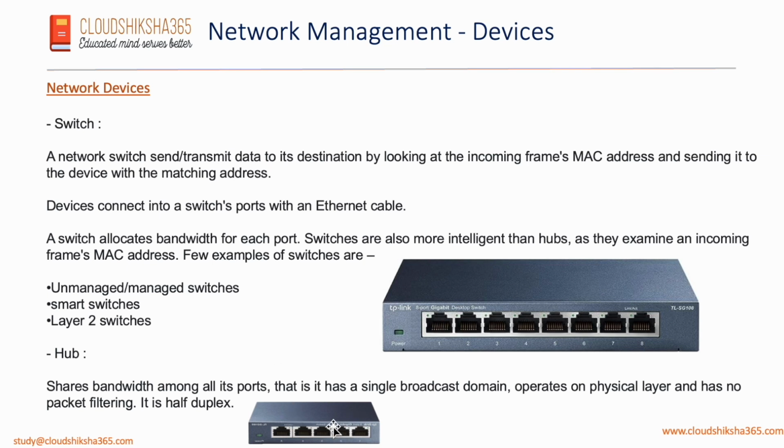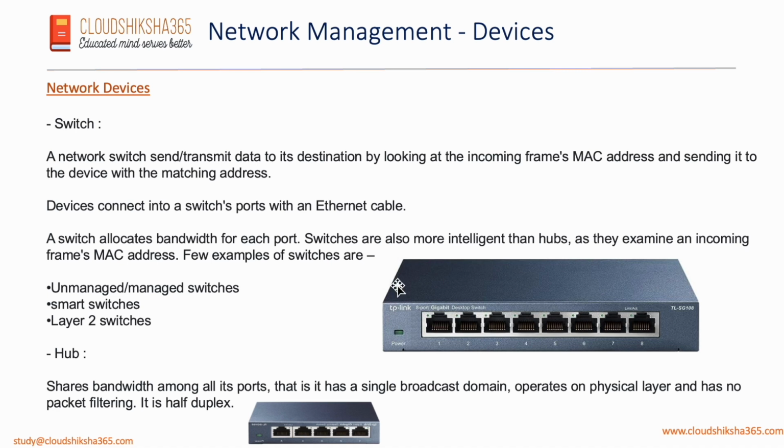Switch and hub are other most commonly used devices. A switch helps to transmit data to the destination using the MAC address, the media access control address, so a physical address we can say. Using this MAC address, it stores a MAC table, and based on that it transmits data.